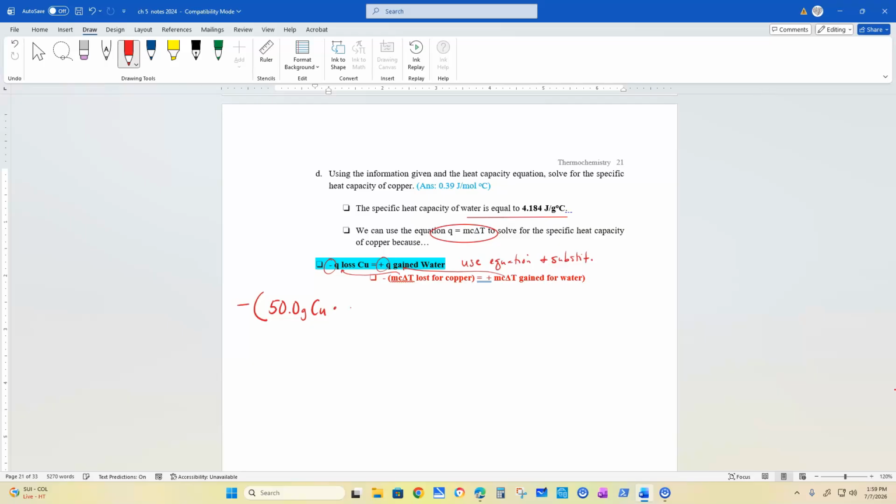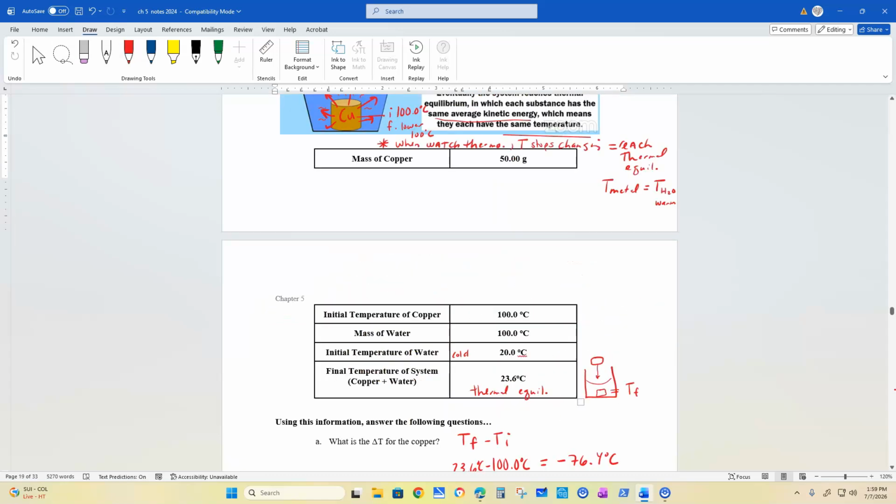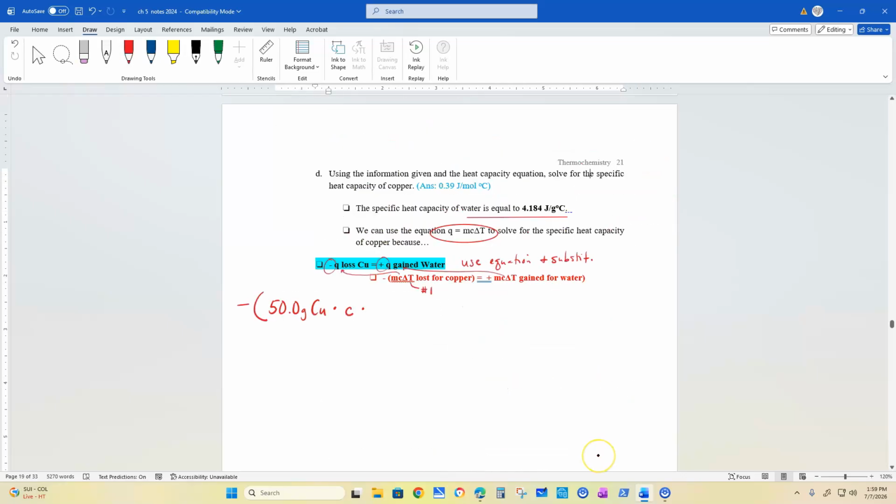So we're going to call this little c. Multiply by delta T. Well, we already know what the delta T is because remember, we did this in part 1. So in part 1 or part A, we said negative 76.4. So we're going to say negative 76.4 degrees Celsius. Okay. So right here, that's what we're solving for. Okay, so I'm going to keep it highlighted so I can keep track of it.